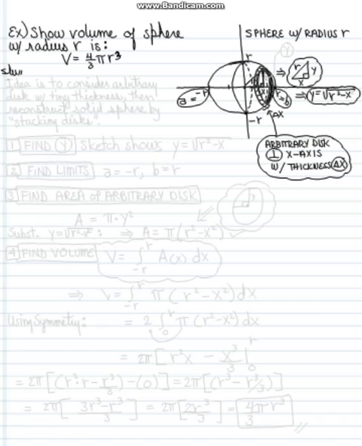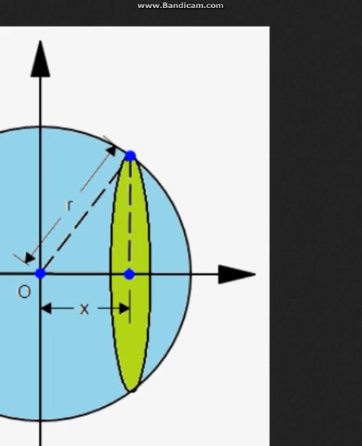Also, since it's a circular shape, it has the formula x squared plus y squared equals r squared. So if you solve that for y, it's the square root of r squared minus x squared. Now, I think a better picture would be something like this. In this picture, you can see clearly what's going on.